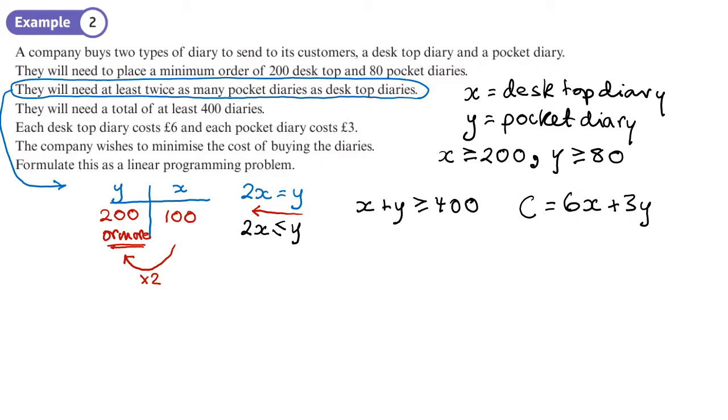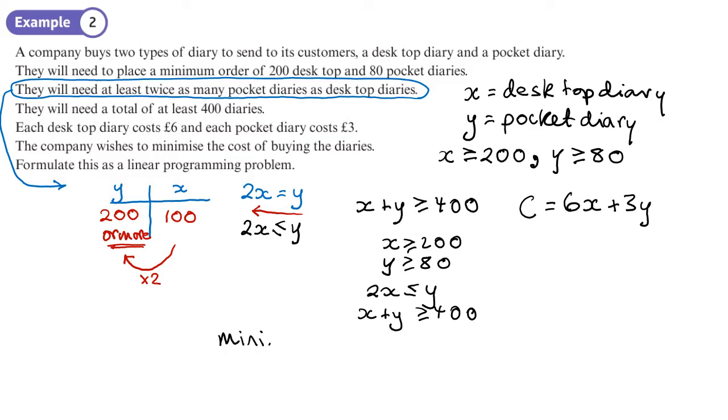So let's now write down all the information that we've got. So we've got x greater than or equal to 200, y greater than or equal to 80, 2x less than or equal to y, x plus y greater than or equal to 400, and we said that we wanted to minimize our cost, which is 6x plus 3y.